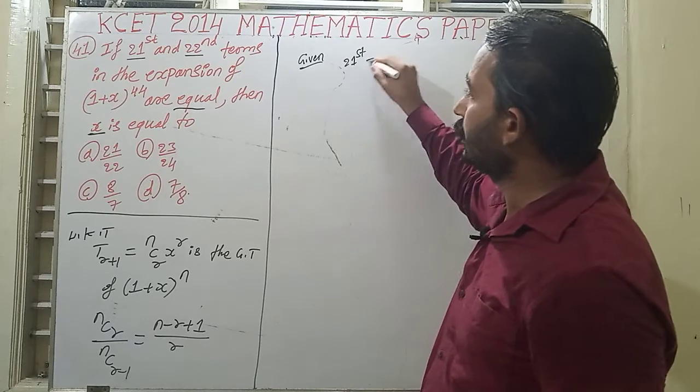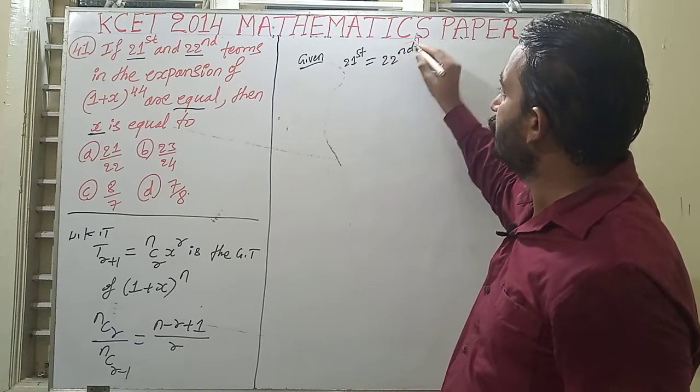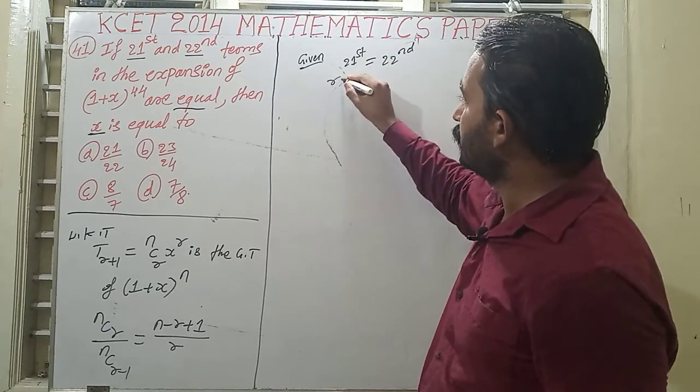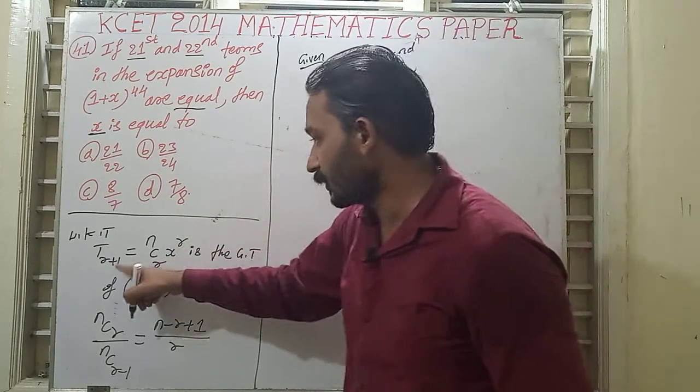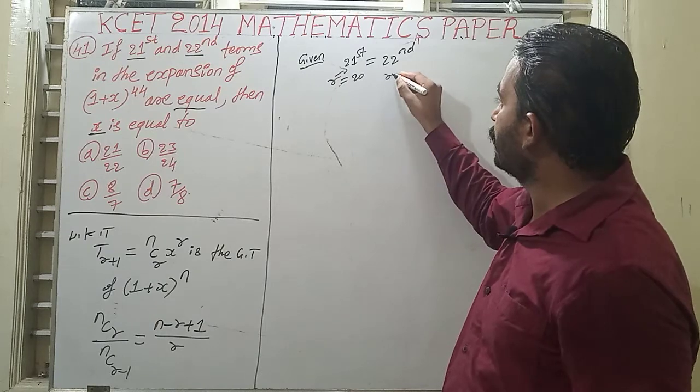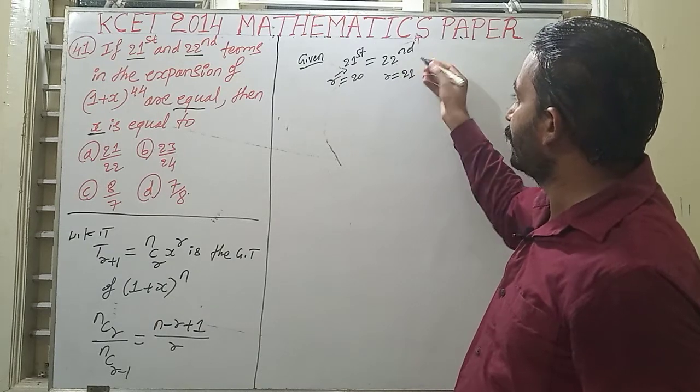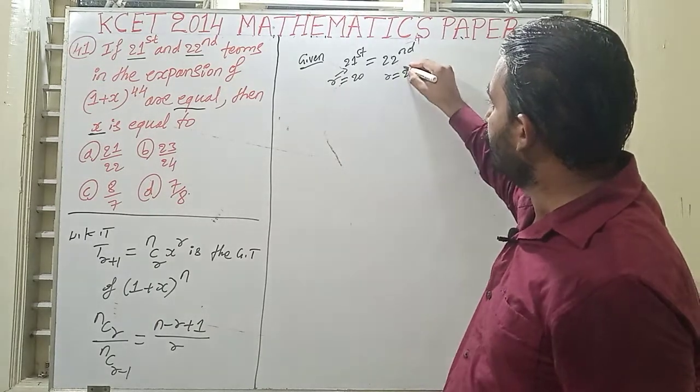It is given that the 21st term equals the 22nd term. So put r is equal to 20 because it becomes the 21st term, and r is equal to 21 for the 22nd term.